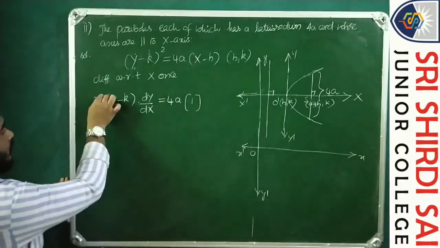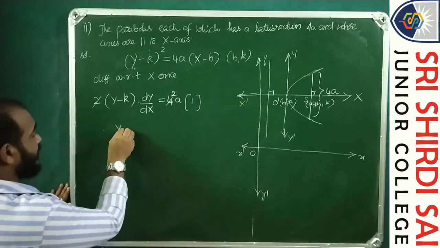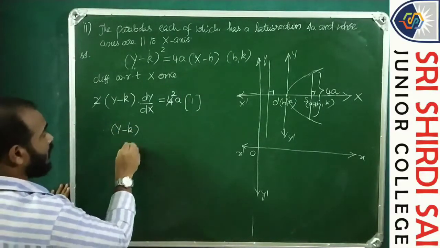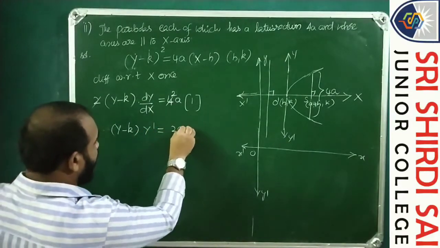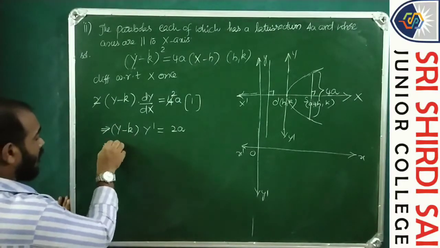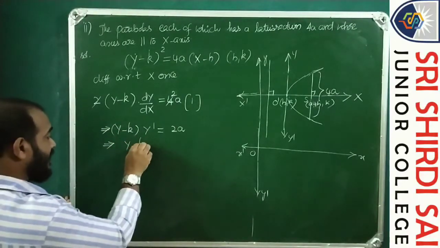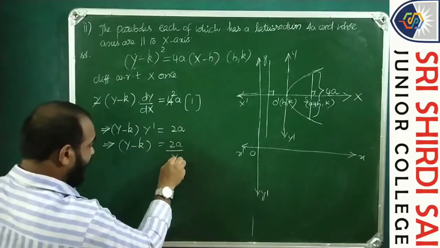So this is 2 times. Therefore y minus k into y dash equals 2a. Therefore from this, y minus k equals 2a by y dash.